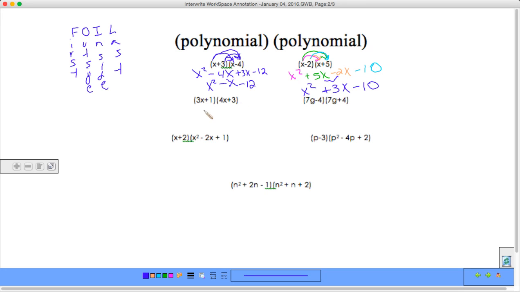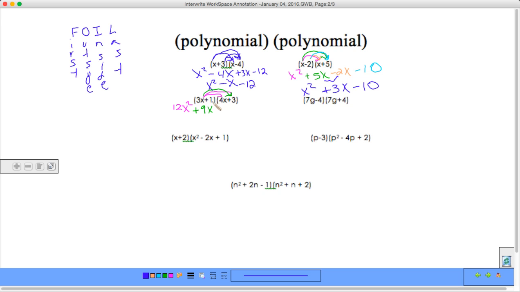All right, so this one, we're going to multiply first. 3x times 4x, 3 times 4 is 12. X times x is x squared. Then moving on to the next part, we distributed this to the first one, now we have to distribute it to the second one. 3 times 3 is 9, but we have an x here, so it's 9x.